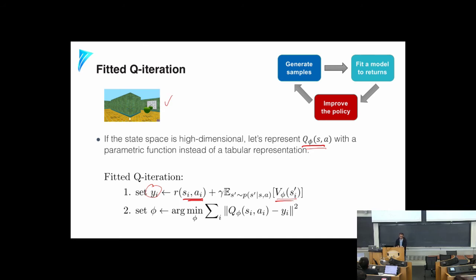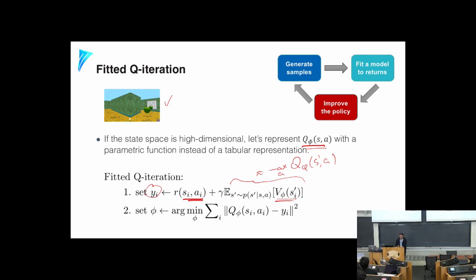At the first step, we're going to compute rewards plus this term, which is approximately equal to the max over a of Q phi (s', a).